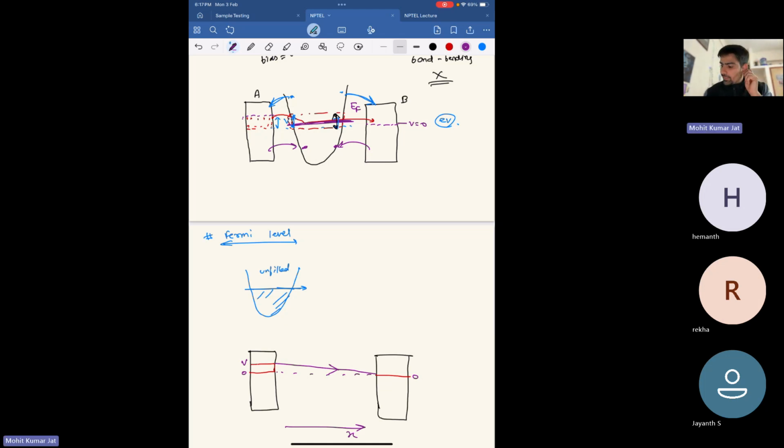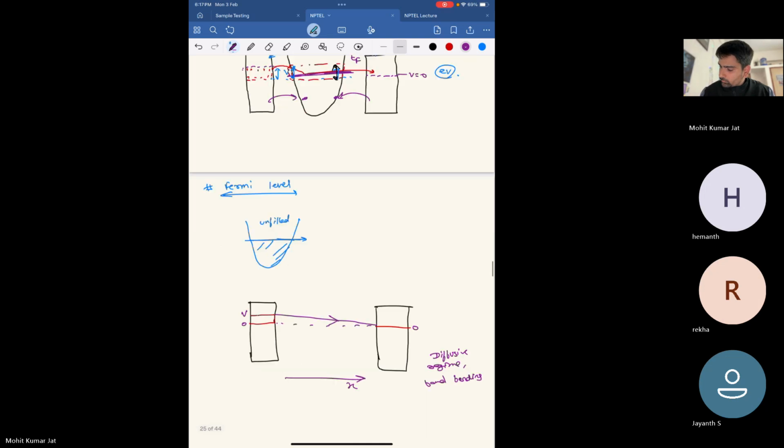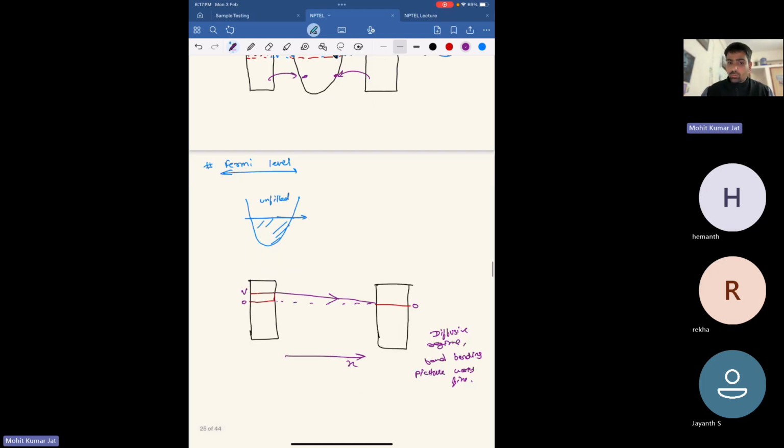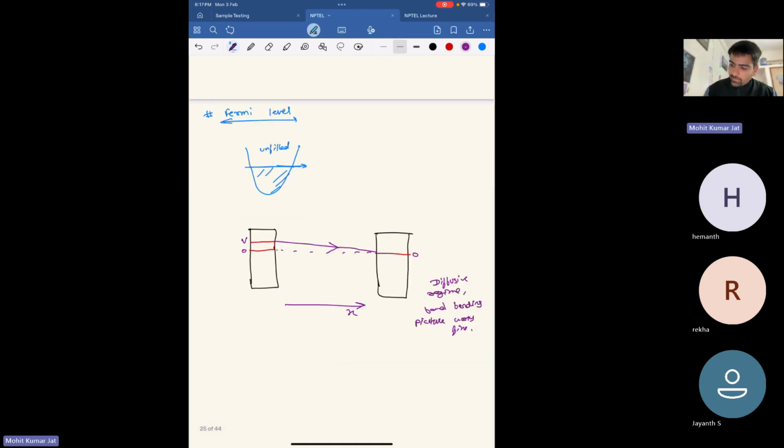So in the metal, in the diffusive regime, band bending pictures work fine. But as you go to single channels, like ballistic transport, in the ballistic transport, the profile of the potential will be somewhat different.